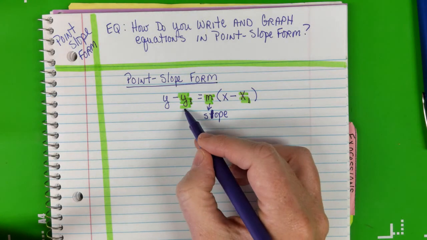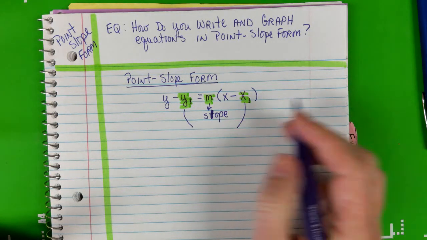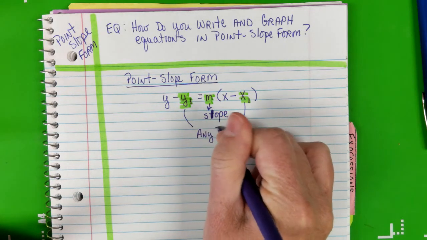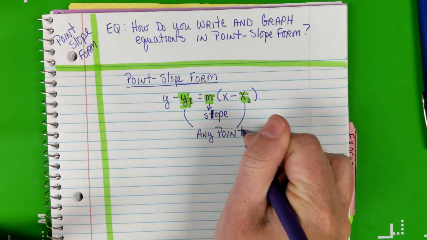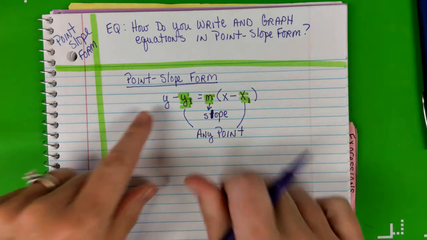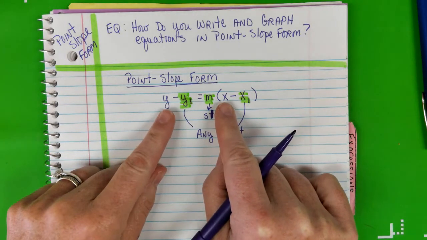So in this formula, the x1 and y1 represent any point. That's where we're going to plug in our point when we have our given numbers. Notice that we still can plug in numbers for this x and this y, but normally we're going to just literally leave it x and y.